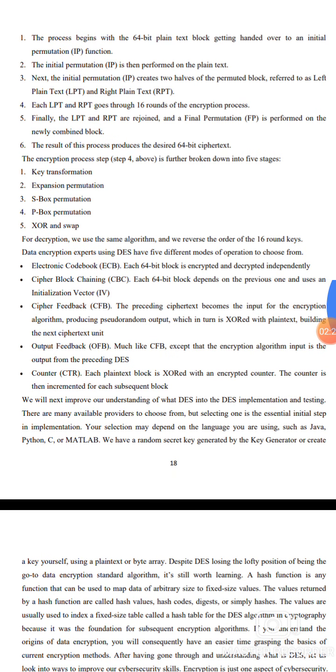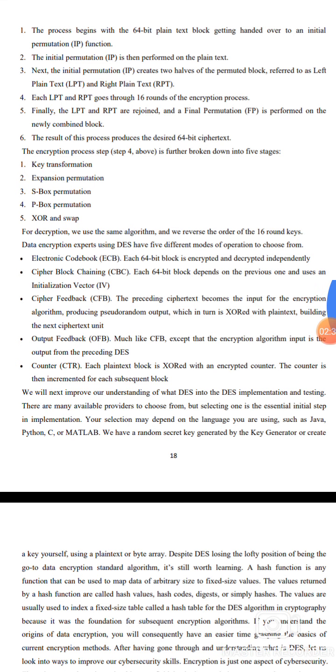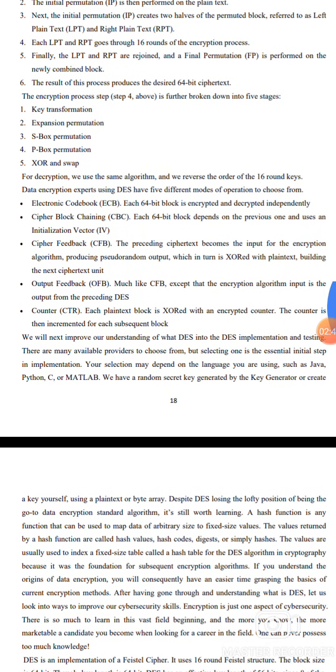Next, the IP creates two halves of the permuted block, referred to as the left plain text and the right plain text. Each LPT and RPT goes through 16 rounds of the encryption process. Finally, the LPT and RPT are rejoined, and a final permutation is performed on the newly combined block. The result of this process is the 64-bit ciphertext.